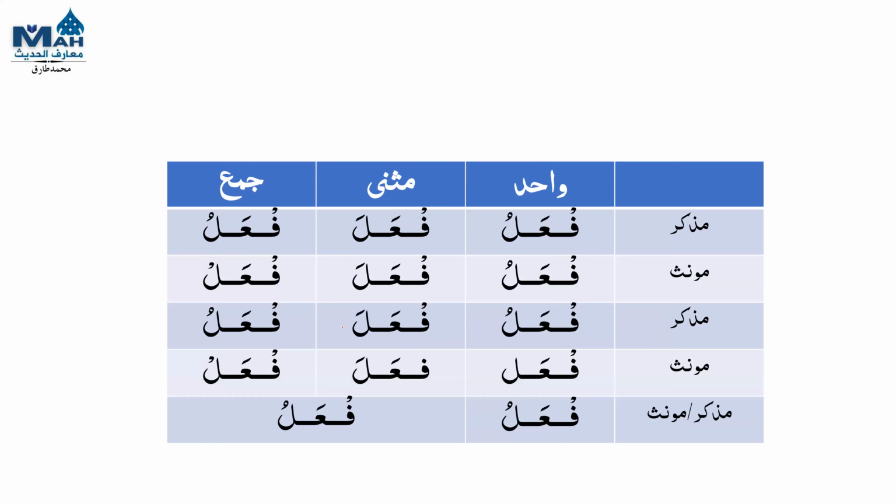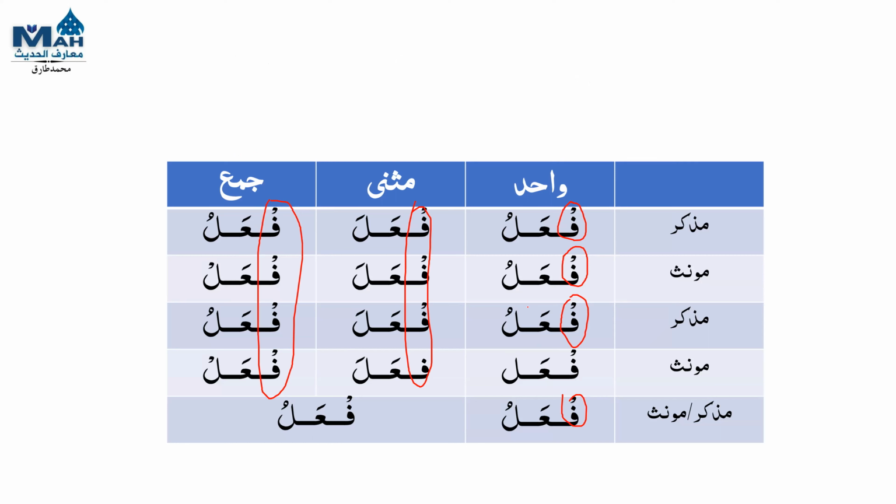So next, what I did: the first one I kept silent. You are seeing it is majzoom on sakun. So in all this chart, this fa kalima will be completely silent, so nothing will come.